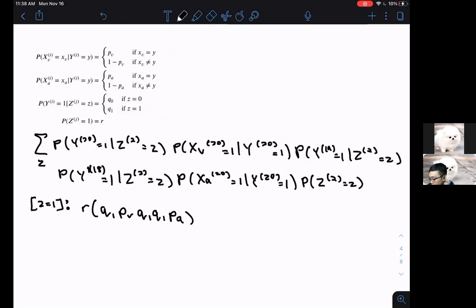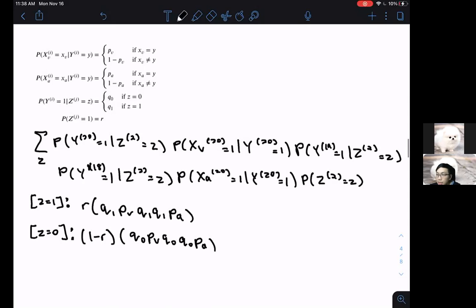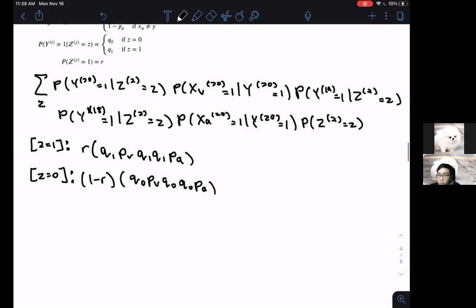I can do the same thing where z is equal to 0, and I would get 1 minus r times q0 times pv times q0 times q0 times pa, using the same steps. Then lastly, all I have to do is add them together and simplify if I can.